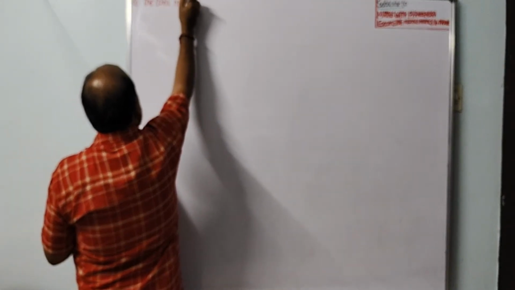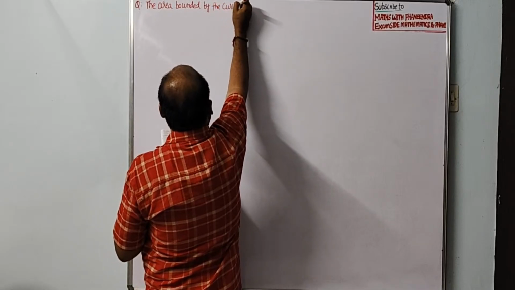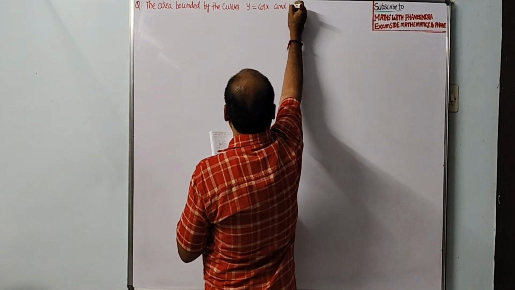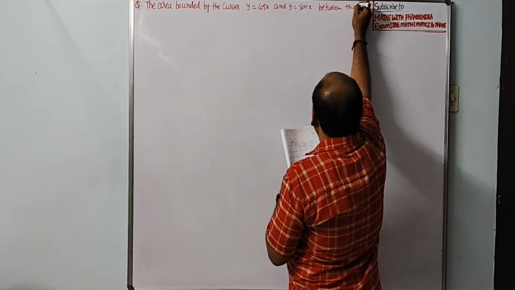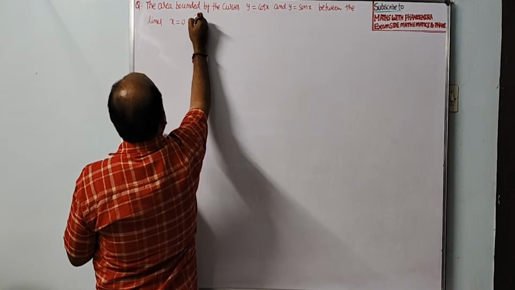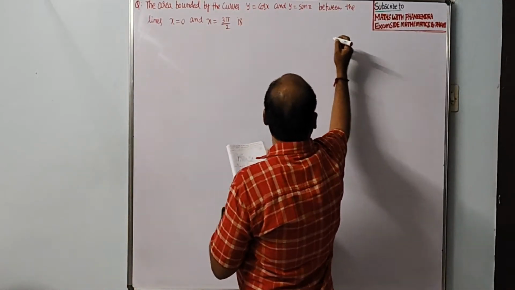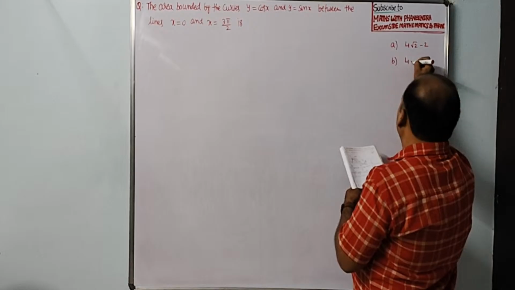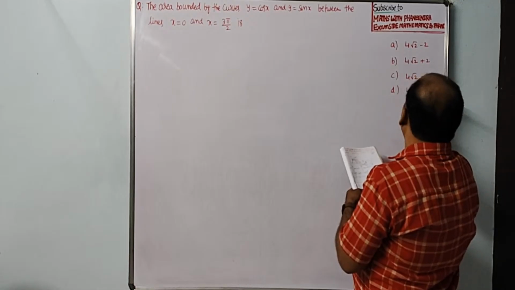The area bounded by the curves y is equal to cos x and y is equal to sin x between the lines x is equal to 0 and x is equal to 3 pi by 2 is, so options are provided: 4 root 2 minus 2, 4 root 2 plus 2, 4 root 2 minus 1, 4 root 2 plus 1.